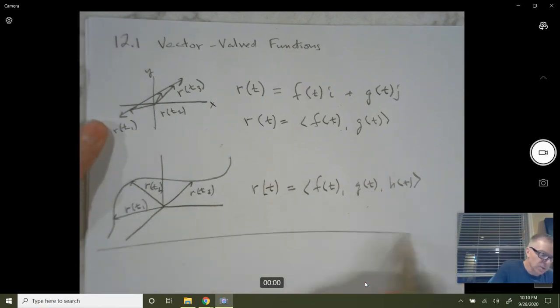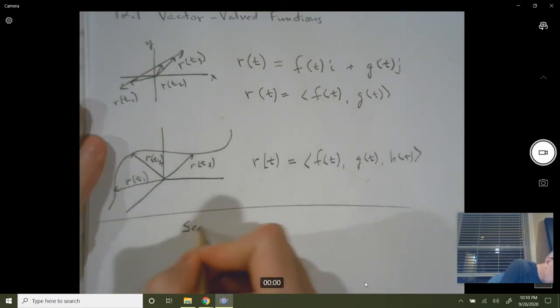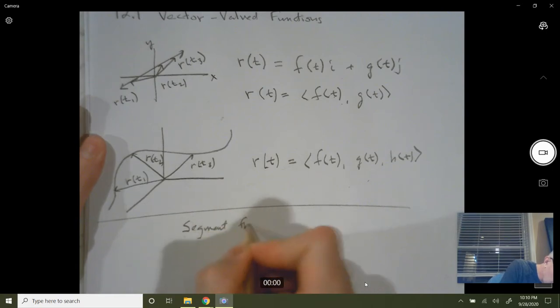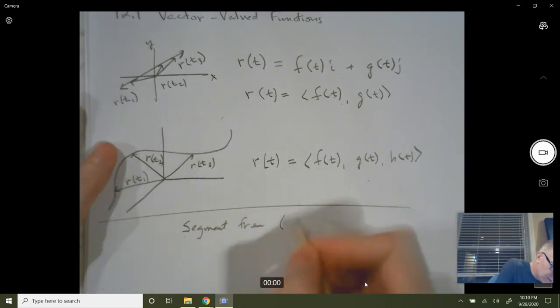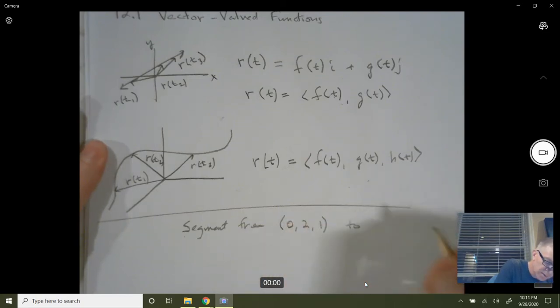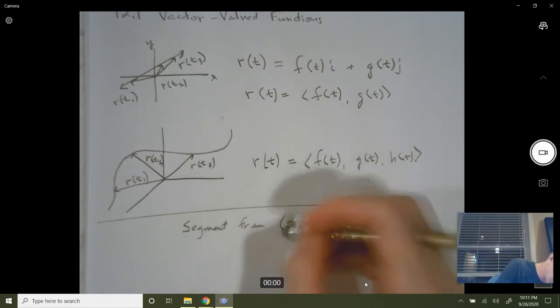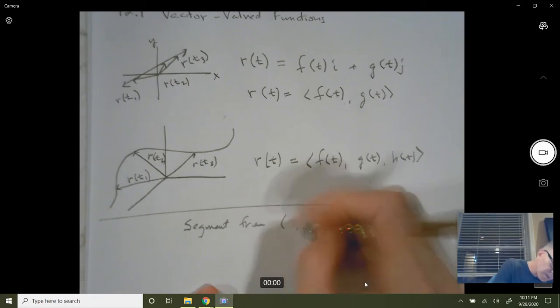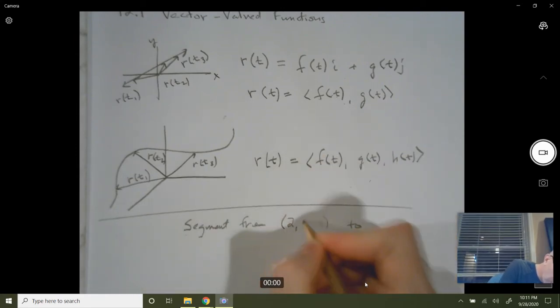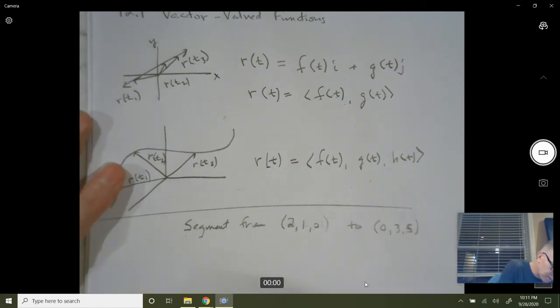Here's an example. Let's say we wanted to use a vector valued function for a line segment from, let's say, actually, I'm going to do this a little differently. Let's do 2, 1, 0 to 0, 3, 5. I'm drawing it this way just to show you what this would look like. And this is in 3 dimensions.